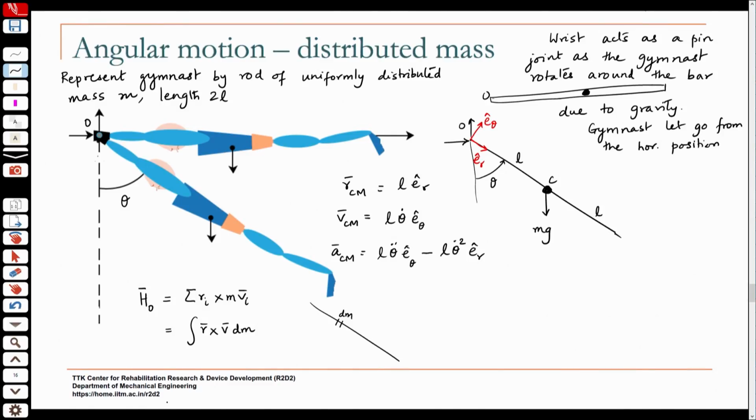Now, how can I express this dm? The total mass of the rod of length 2L has mass m.